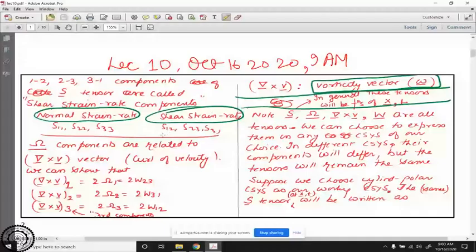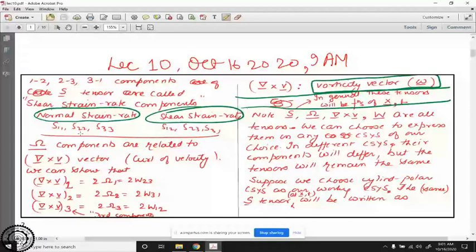So S21 and S12 are same, S23 and S32 are same, S31 and S13 are same, and we call the other S21, S32, and S13 also as shear strain components. Whereas normal strain components are S11, S22, and S33. So it's a common notation or way of identifying various components of the strain rate tensor.